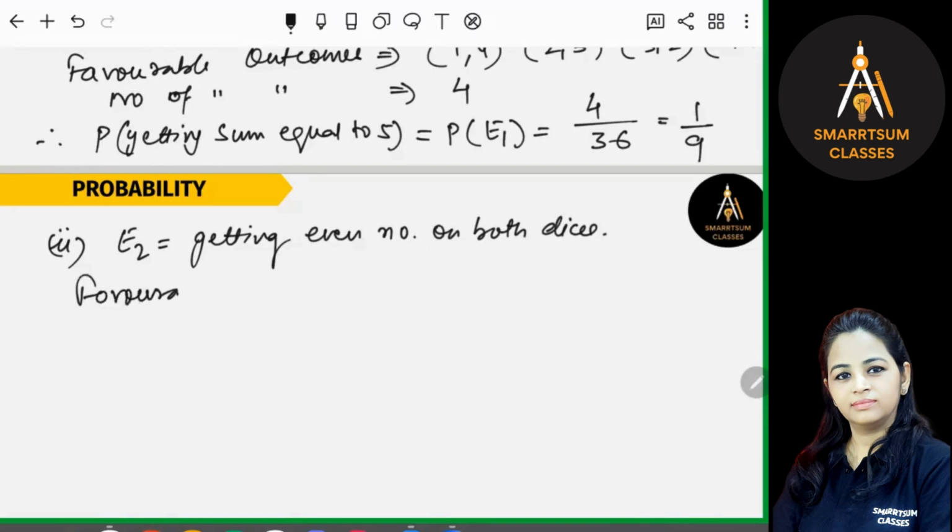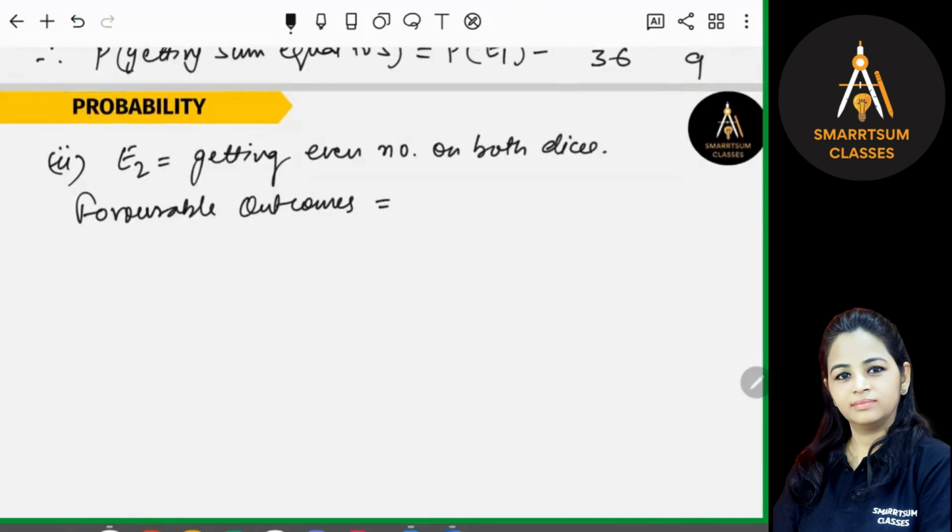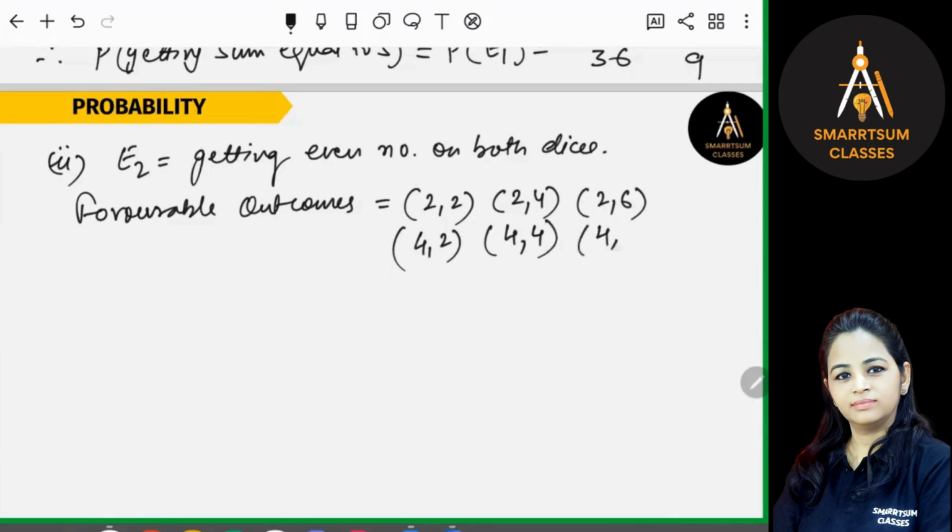Write down the favorable outcomes, where both the numbers on the dice are even. They are like 2 comma 2, 2 comma 4, then 2 comma 6. Then 4, 2, 4, 4, 4, 6. So in this way, you can write down all the possible options.